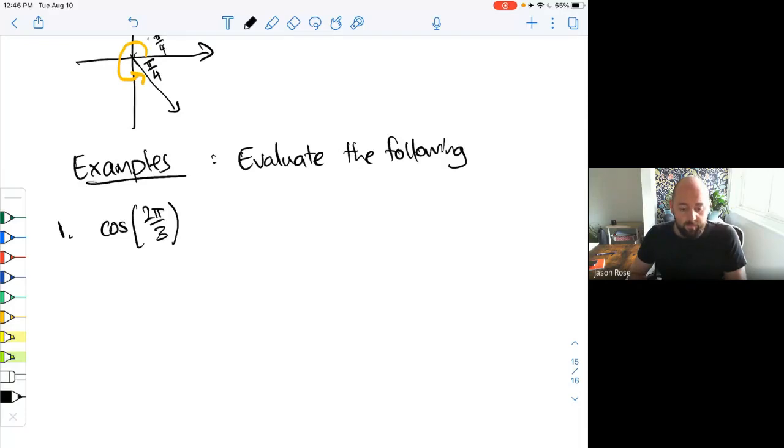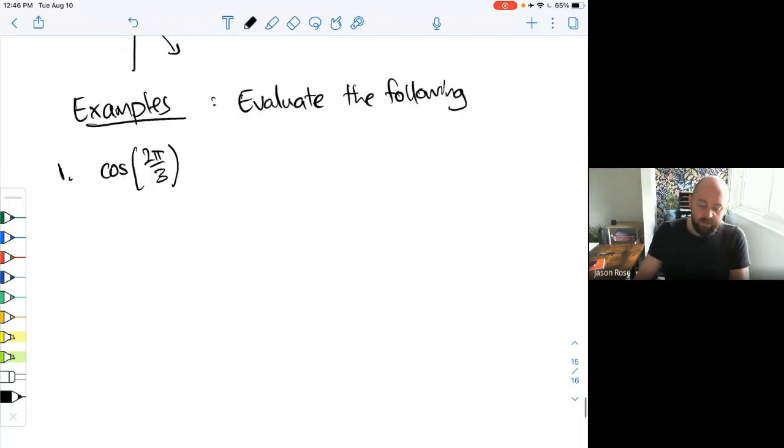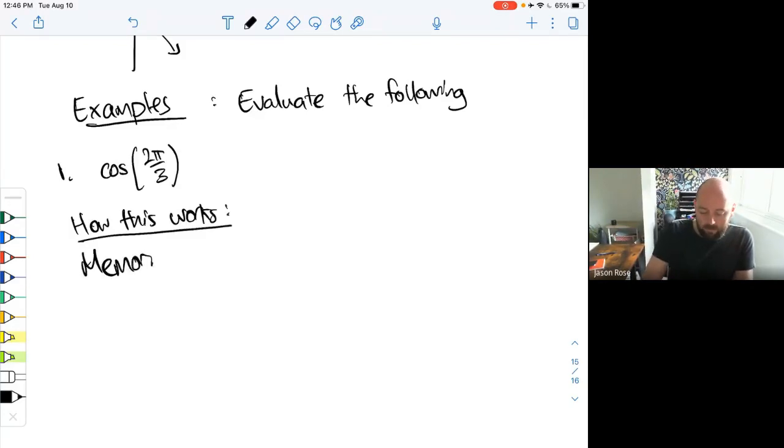So basically how this works is memorize the results from quadrant 1.